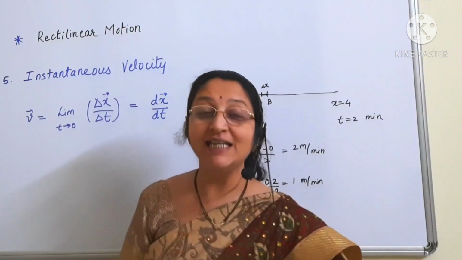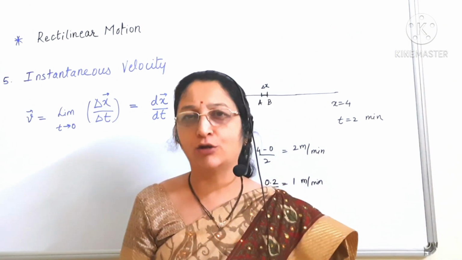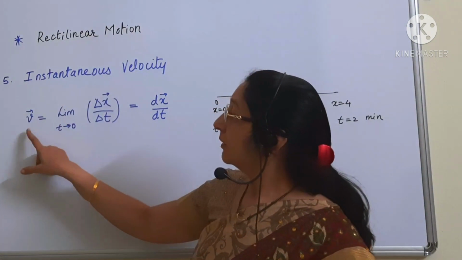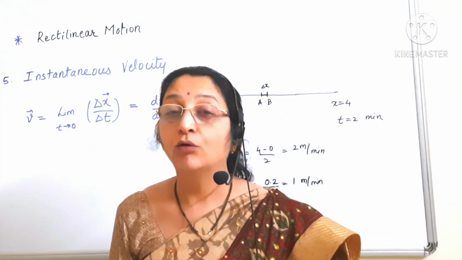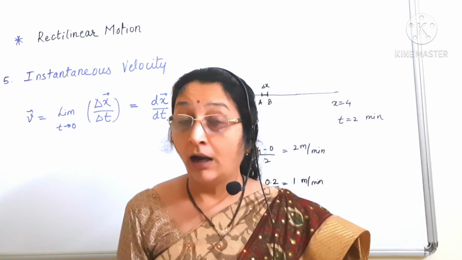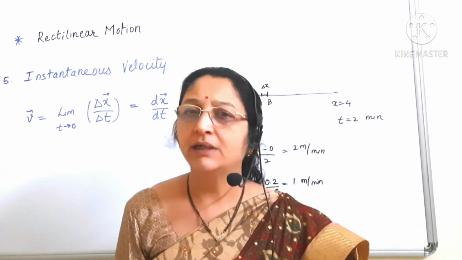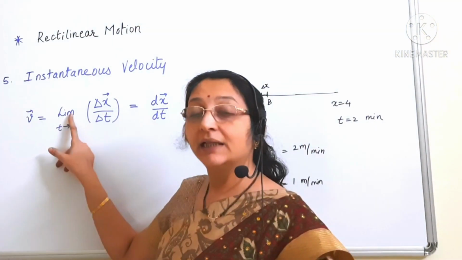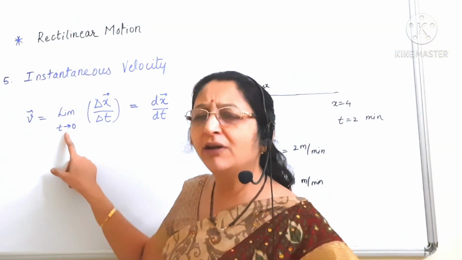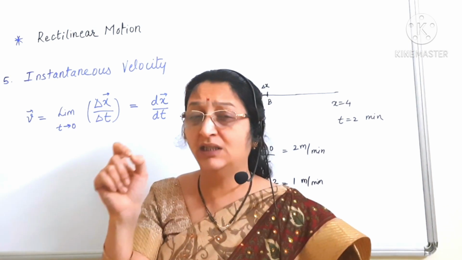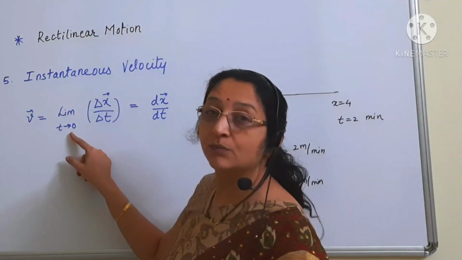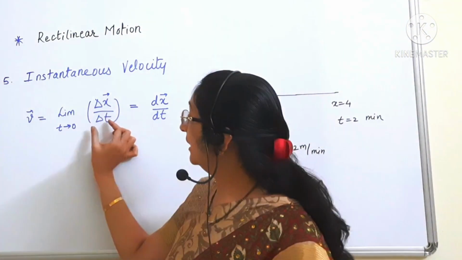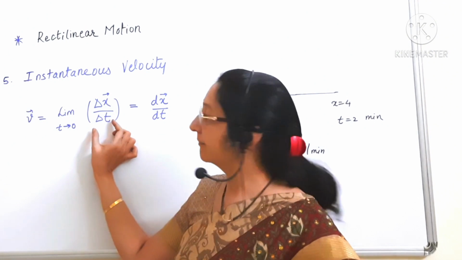As the name suggests, instant means the velocity at that instant, that is the instantaneous velocity. So it is the limiting value of the average velocity over a very small time interval delta t. Here we put a limit on time: time should be very, very small, meaning the velocity at that instant only. So it is the displacement in this very, very small time.